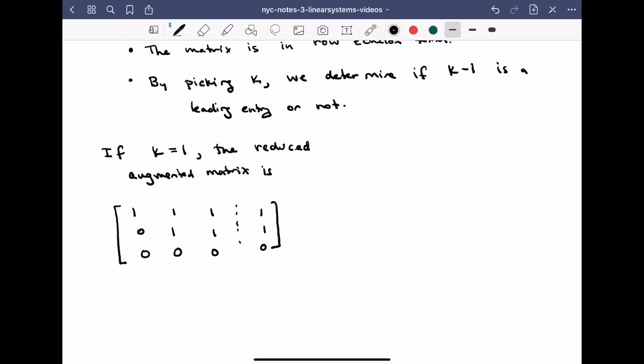The first question I should always ask is, is this matrix consistent? Remember, we can tell if a matrix is consistent by looking at the column of constants, and I can see that the leading entries of the matrix are here. Neither of those leading entries is in the column of constants, so I know that this matrix is consistent.